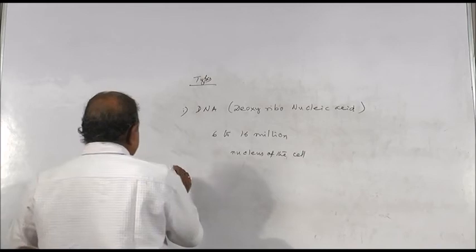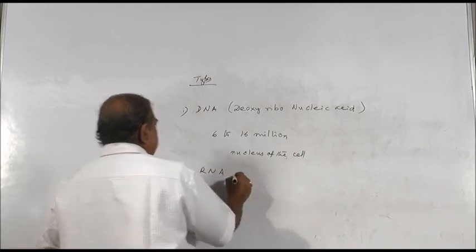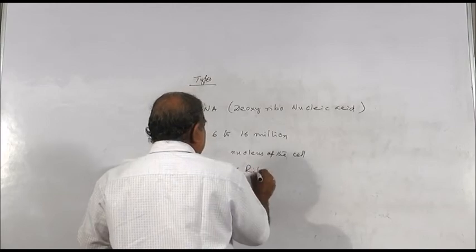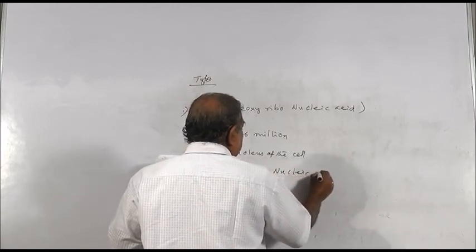The second category is your RNA, that is ribonucleic acid.